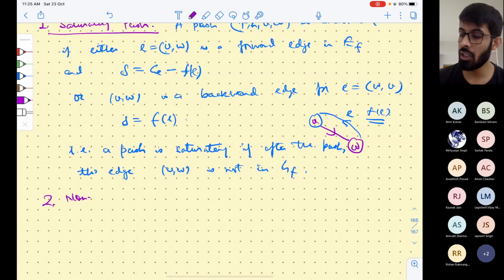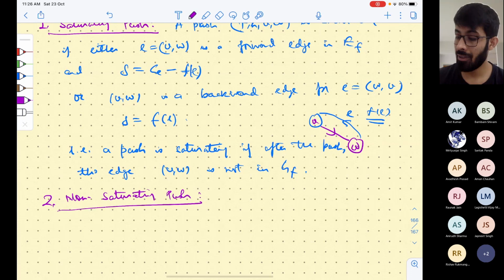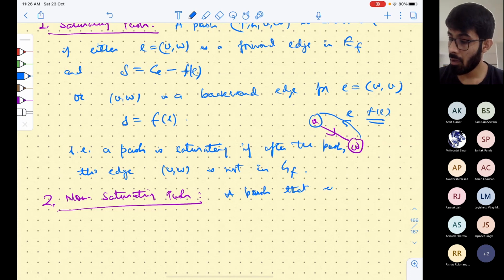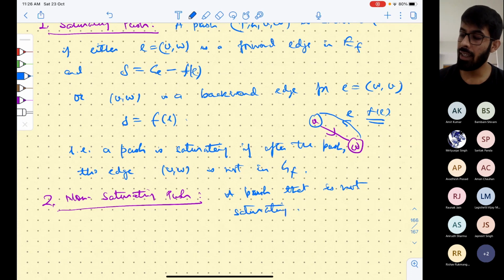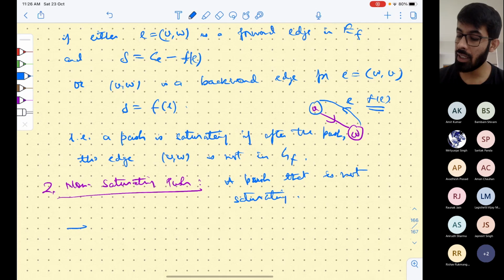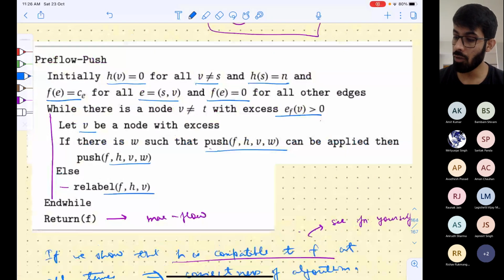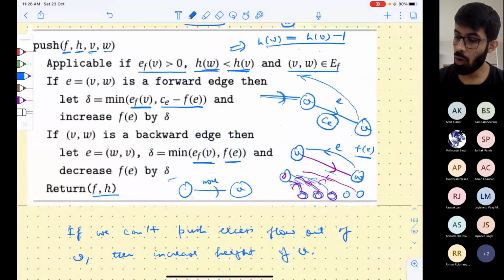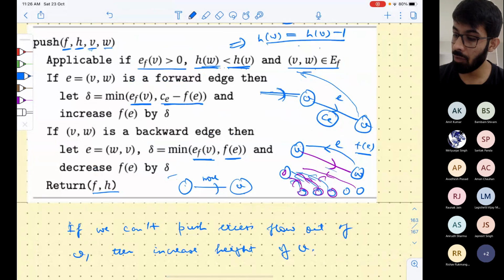So a non-saturating push is just a push that is not saturating. But when the push is not saturating, then there is another property. What happens then? If you look at the definition of push, in the forward direction, if this happens, then delta is this.